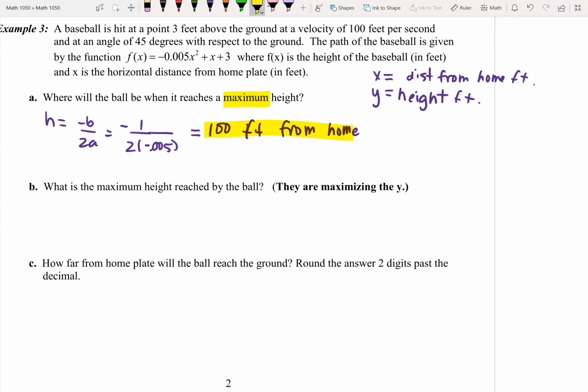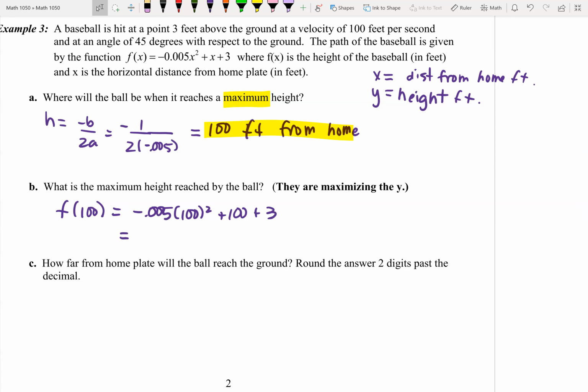Okay. What is the maximum height? That's the maximum y. Tell me what to do. Everybody just shout it out. Plug it in. This is so easy. This is just f of 100 is equal to negative 0.005 times 100 to the second plus 100 plus 3.